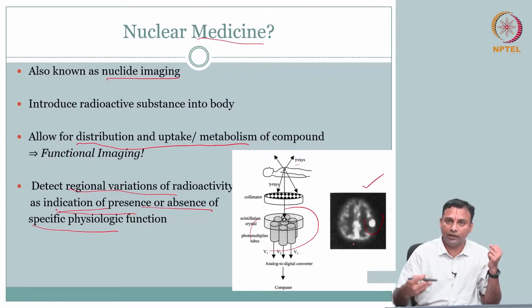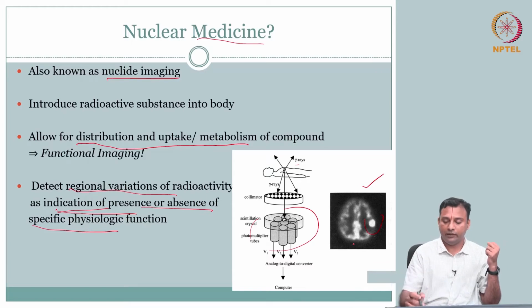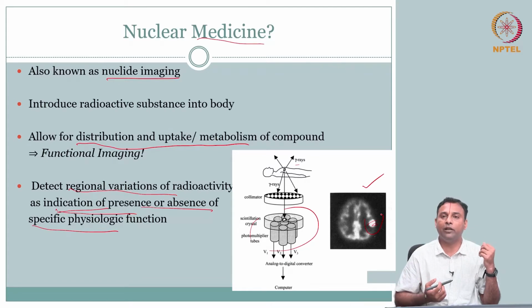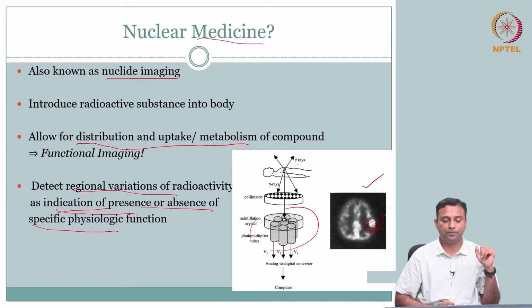So when you send a radioactive tracer, it will accumulate more in the region where there is more metabolic activity. So the radioactivity will come more from this location, because the radio tracer that you sent is supposed to go there. Okay. So you engineer it so that it goes to that location. Okay.